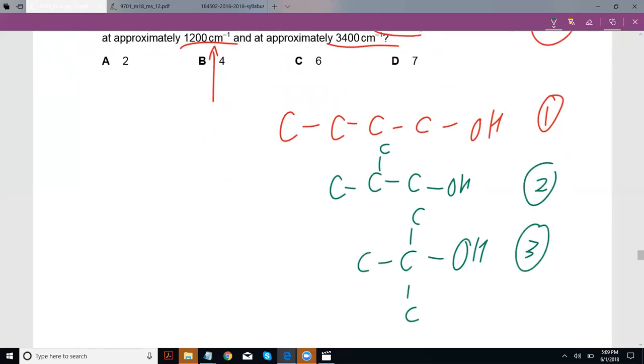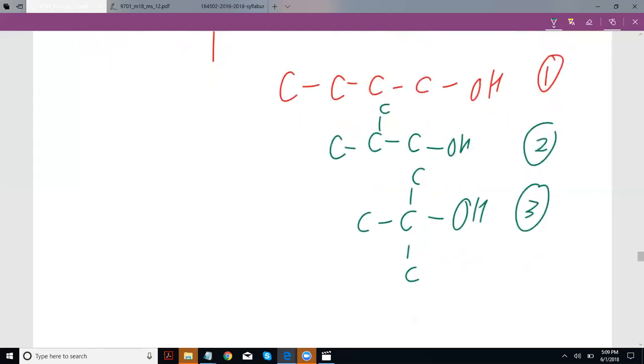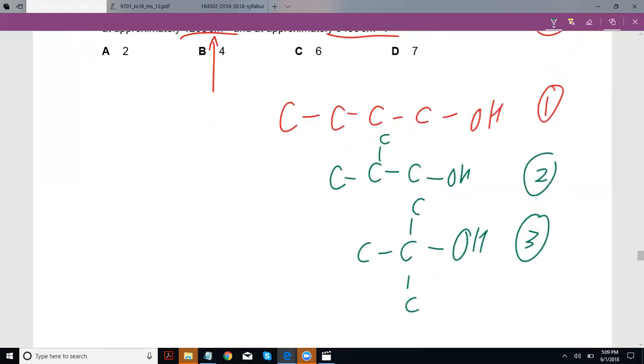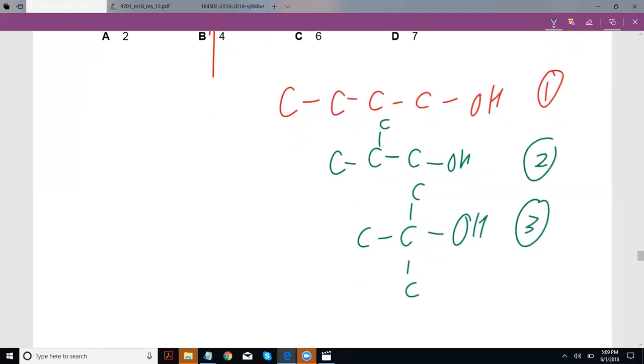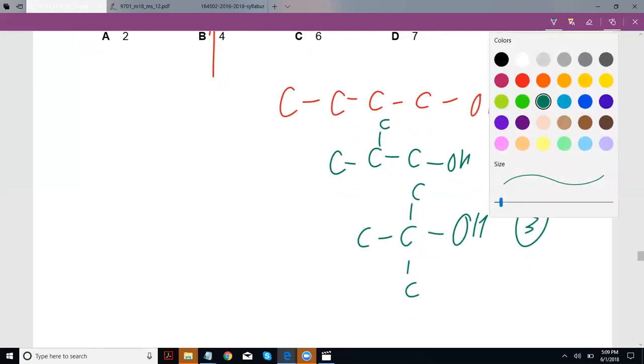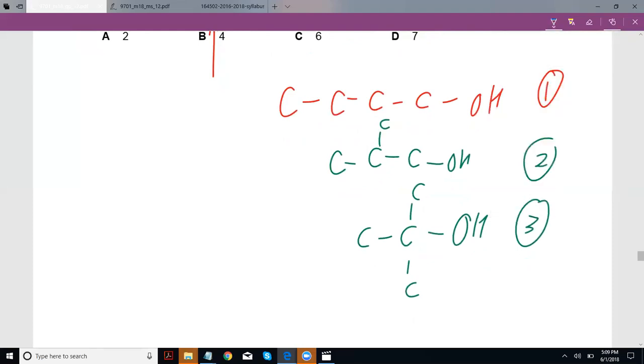Can we have any other scenario? Well, if you think about it, so far I made chains. Maybe I can now start to look at secondary alcohols. So C, C, C, C, instead of one, I can add it at two. So that will give you four.